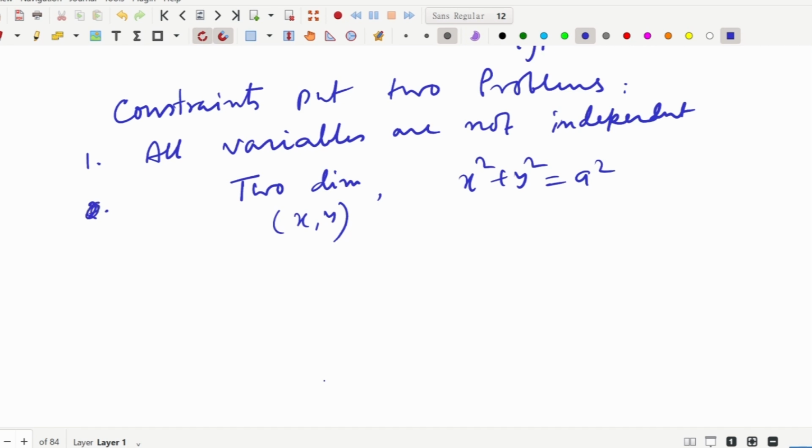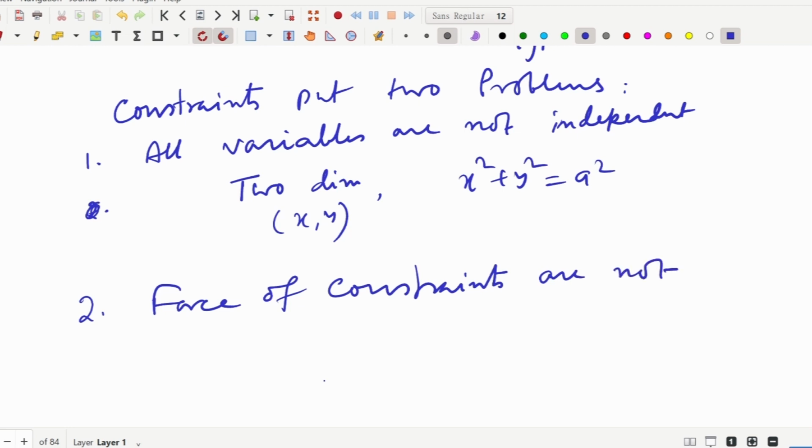This is the first problem that arises due to the presence of constraints. The second one: the forces of constraint are not furnished a priori. You don't know the nature of the force beforehand, and to deal with such a situation is much more difficult.